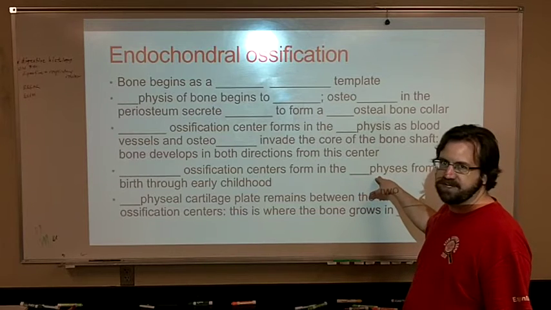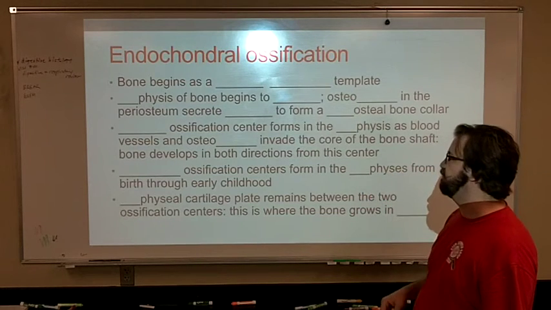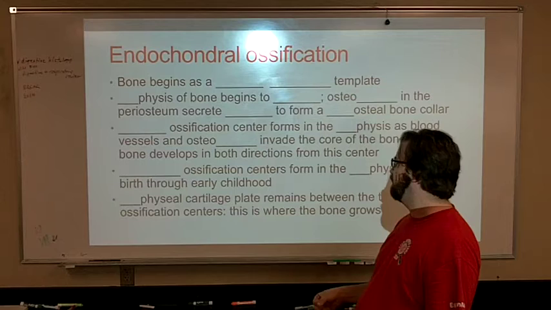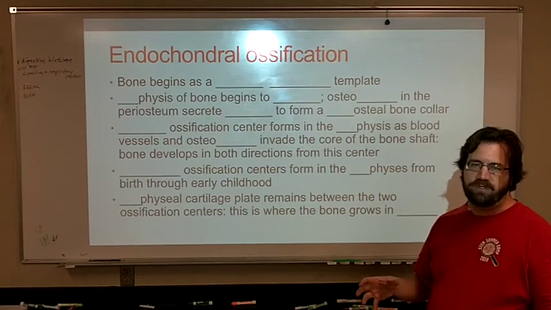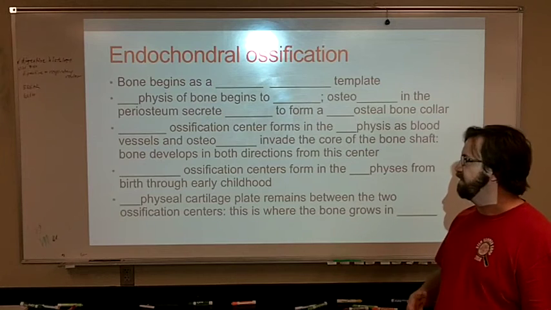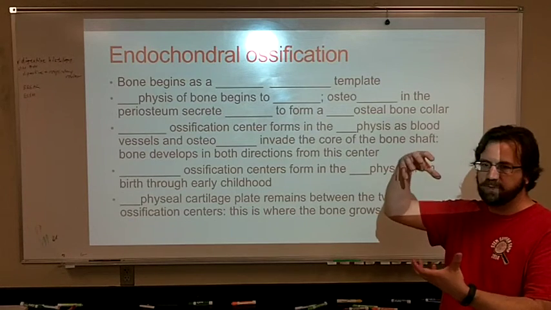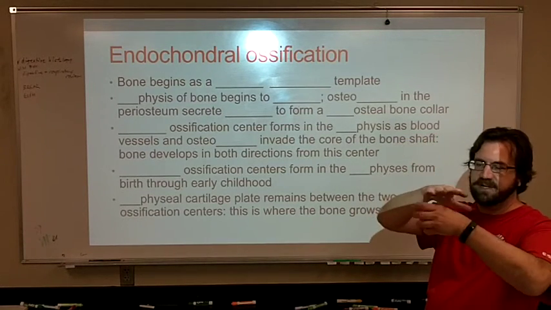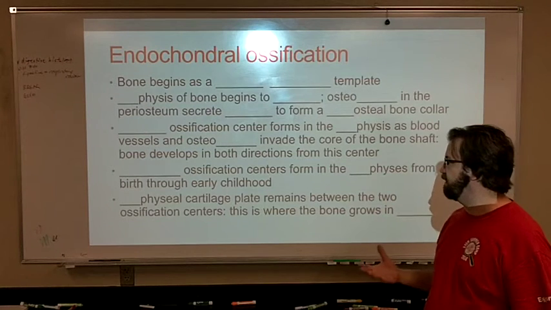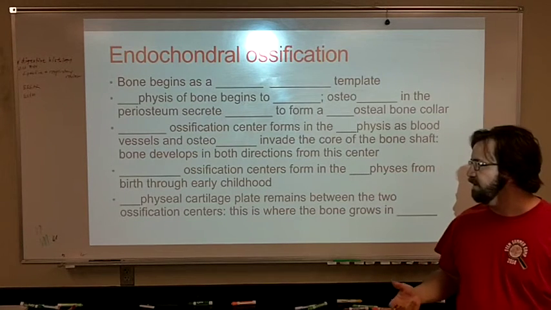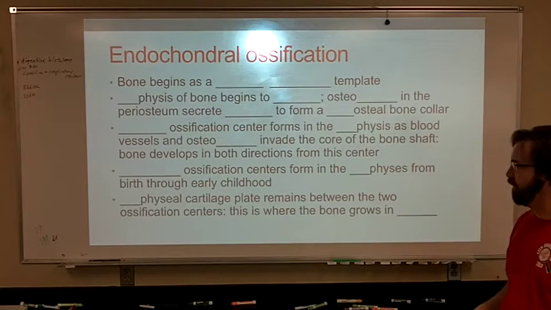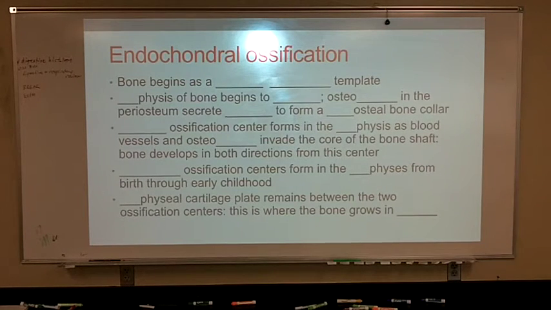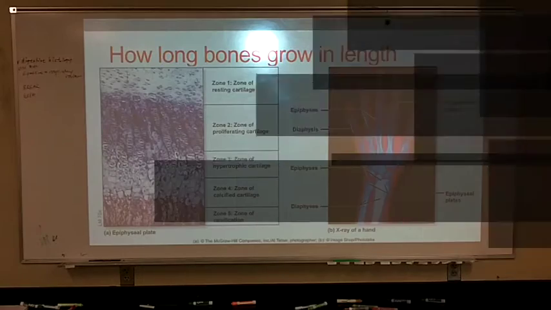The diaphysis or the epiphysis, from birth through early childhood. And finally, between those two, and this is the key to the next thing we're going to talk about, between the epiphysis and the diaphysis, there remains a plate of cartilage called the epiphyseal plate. And that is where the bone is going to grow in length.